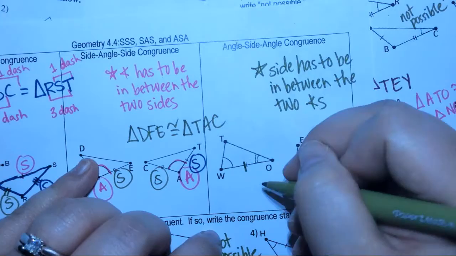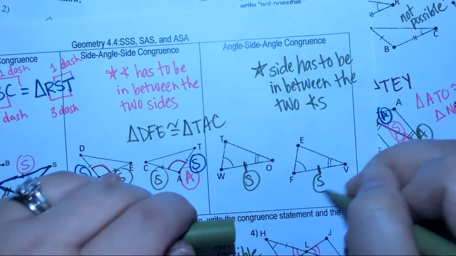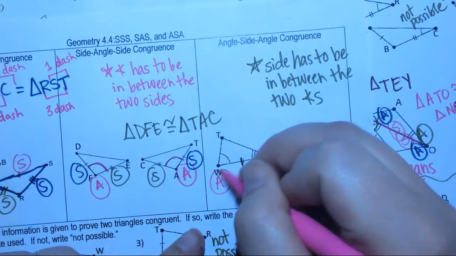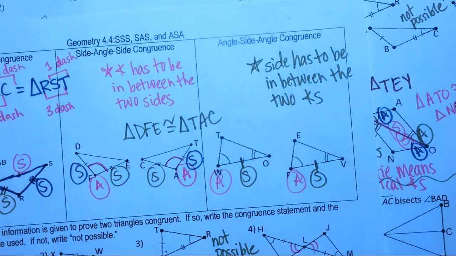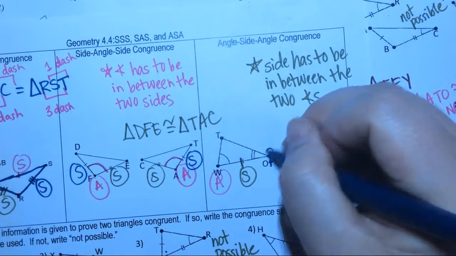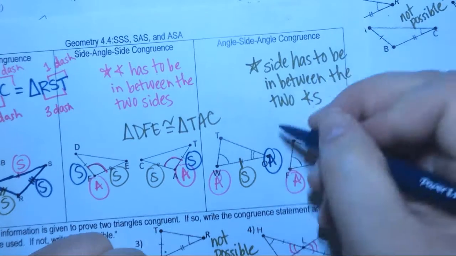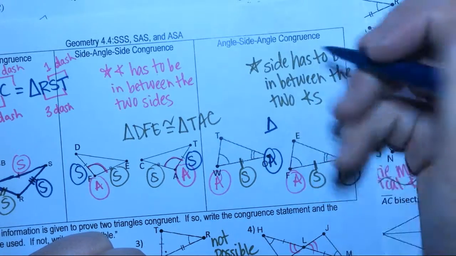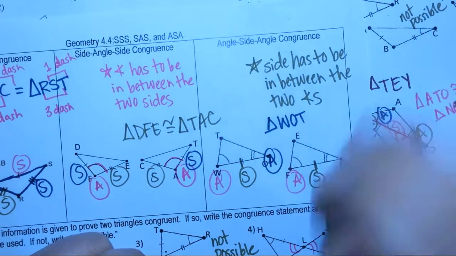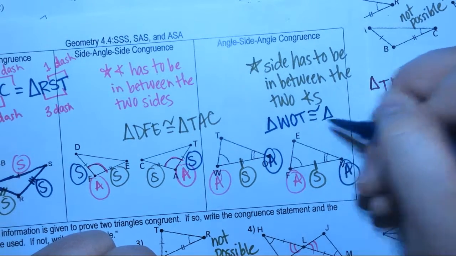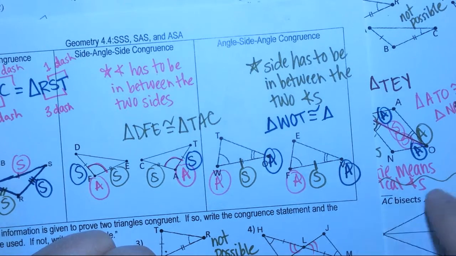He's in between them. So they both have a 1 rainbow. They both have a 2 rainbow. So if I wrote triangle WOT, in my mind I went pink, green, blue, so I have to do pink, green, blue again, which would be FVE.